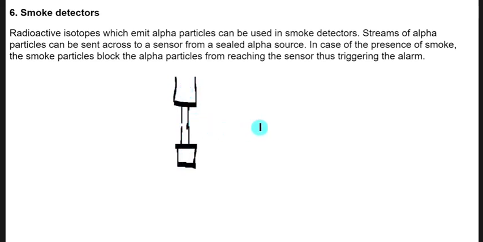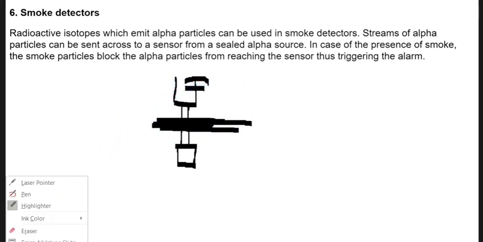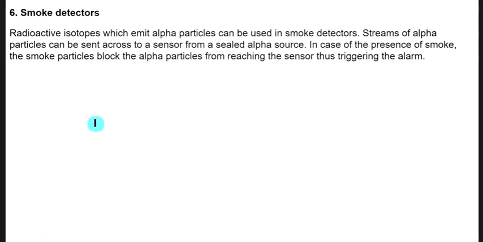Now if there is smoke that is about to cause fire, if smoke passes here, the smoke is going to block this radiation from reaching there. When it blocks, the detector will trigger an alarm to sound to say something has blocked this from reaching. So it could be smoke. That way a human being can be alerted and can take actions. So this is what has been explained here.